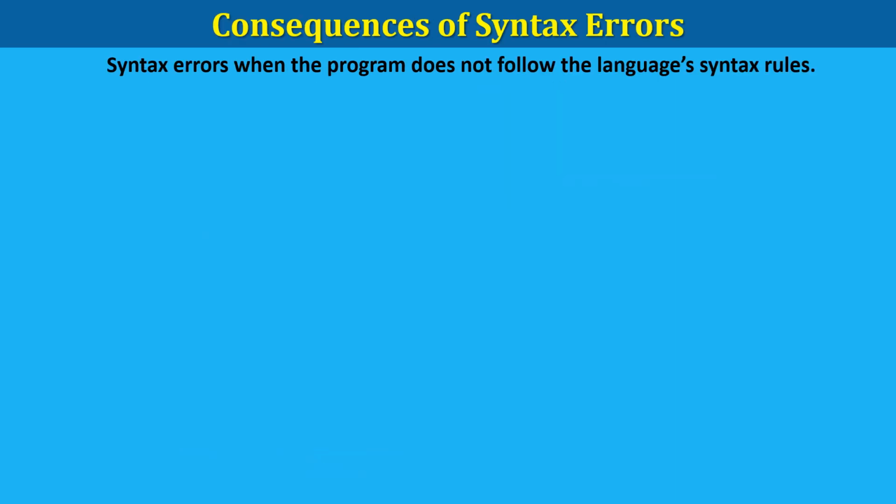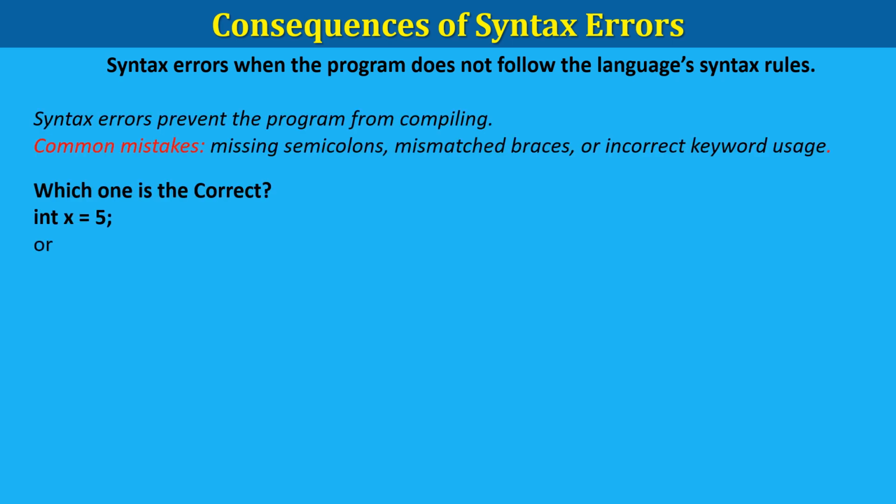Consequence of syntax errors. When such an error is found, the compiler generates an error message and stops the program from compiling and executing. Which one is correct? The example shows the difference between correct and incorrect C++ syntax.